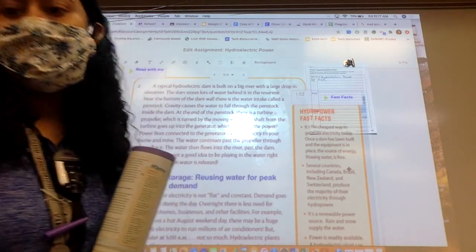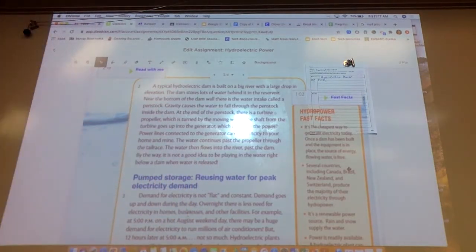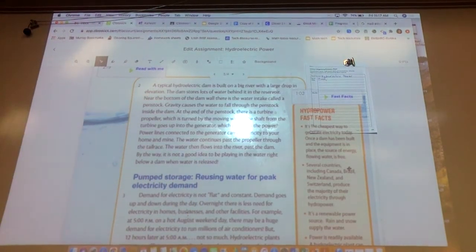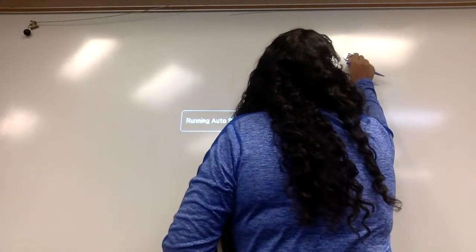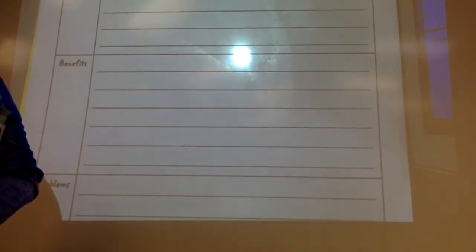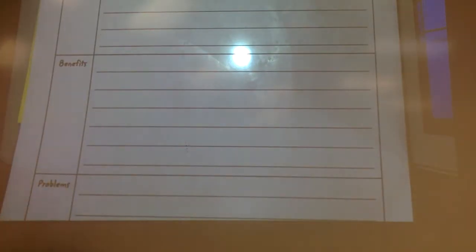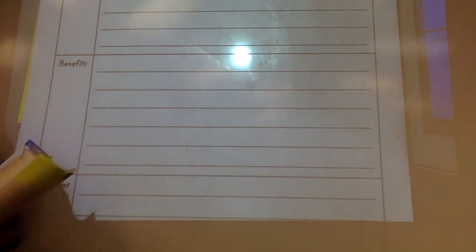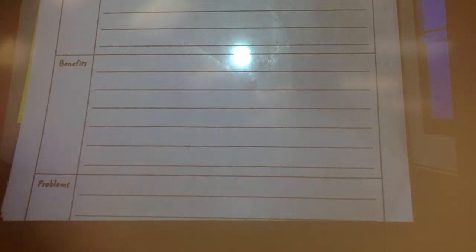I'll put the camera on so you can see it bigger. Okay, first. What's step 1? How does it work? Generator produces power. No, that's step 3.